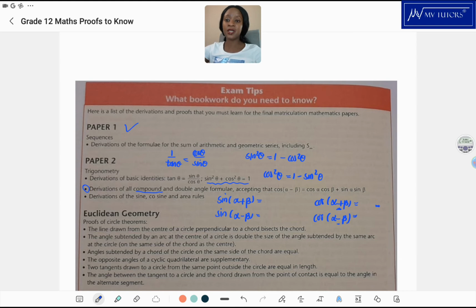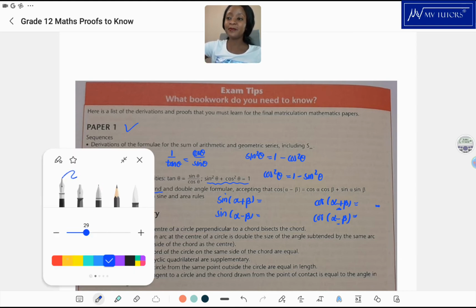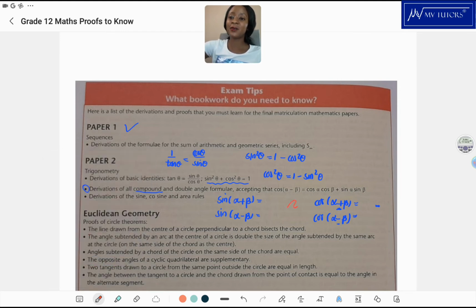They are given in the formula sheet. The one that you should know how to derive, which the other ones can be derived from, is the cos alpha minus beta. That is the one we're actually going to focus on, the one you need to know how to prove. As a matter of fact, it came out in the November 2021 exam where you had to prove it. With double angles, it's a matter of applying the compound angles, so we're going to look at that as well.